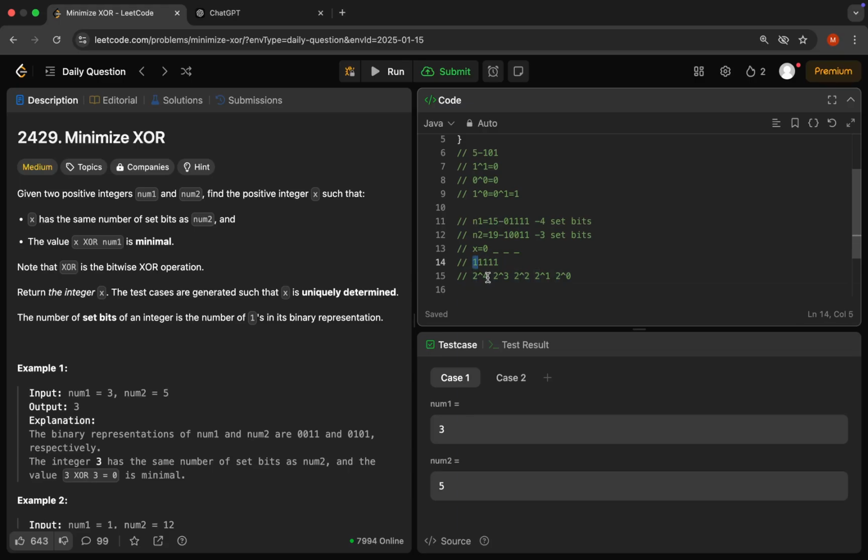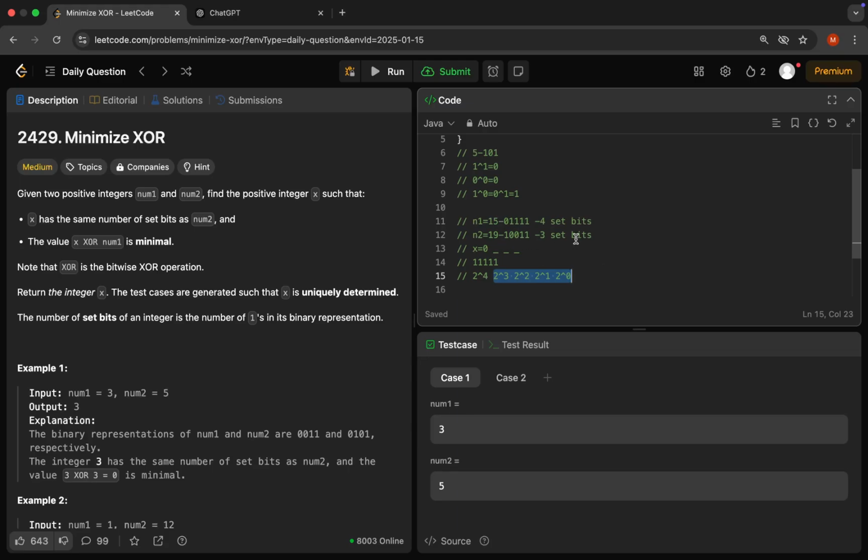So if I turn off this bit, I decrease the most value, the most intensity. That's why we will turn off this bit first, and then we will find if we have any more set bits left, then we will turn off these bits.